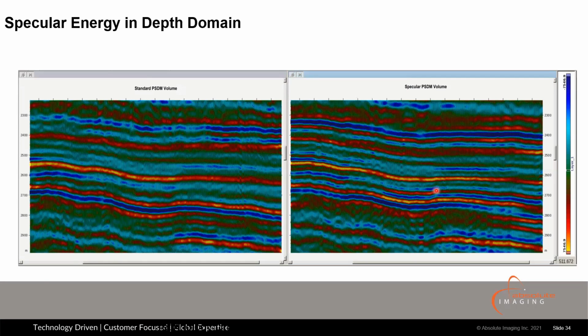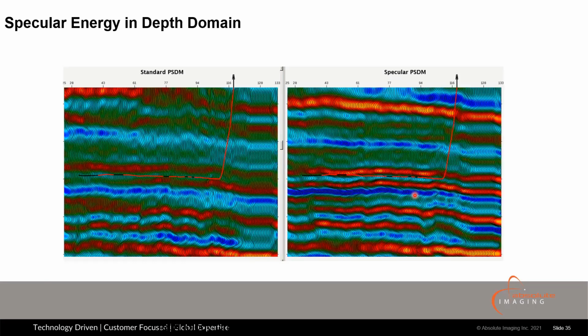As a result of all of this, you can have increased resolution. And by doing this, if you're, let's say, in a shale play where you're drilling horizontal wells, it would obviously be easier to drive the well using the specular PSDM than the standard PSDM, right? You're more accurate because now you have high resolution.